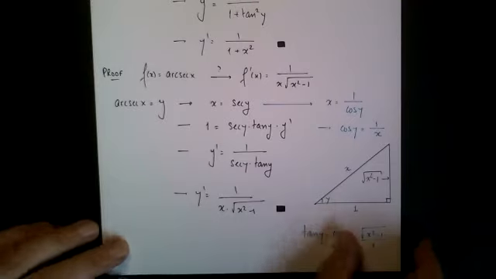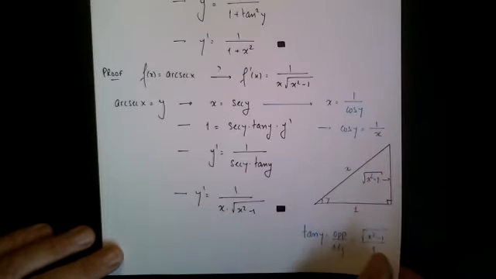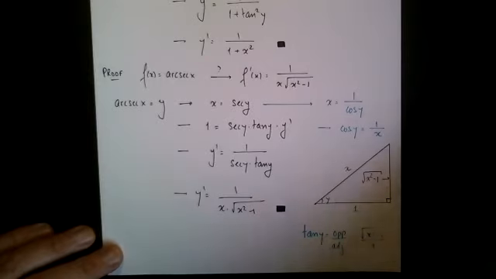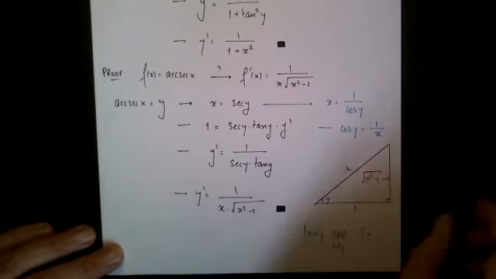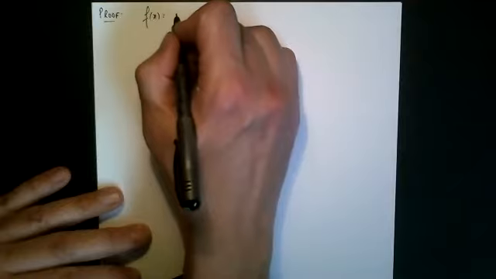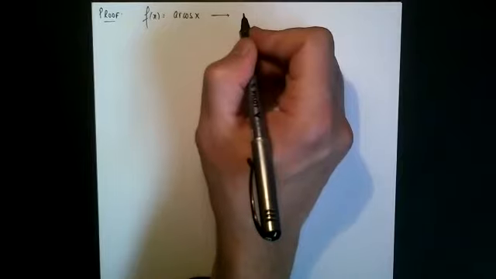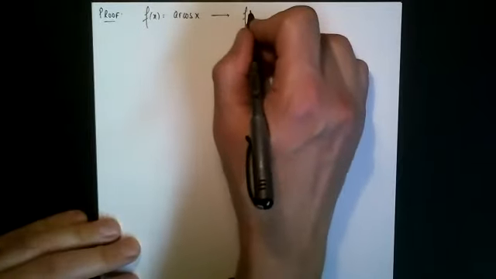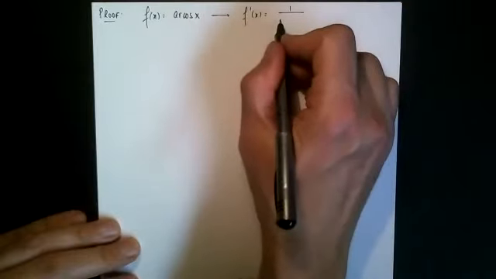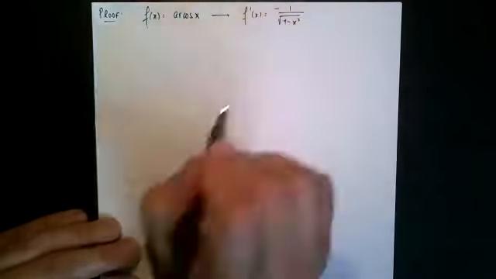Okay, so let's go 3 more to prove now. Let's do arc cosine now. So prove that if f of x is equal to arc cos of x, then f prime is the same thing as the arcsine but with a negative.